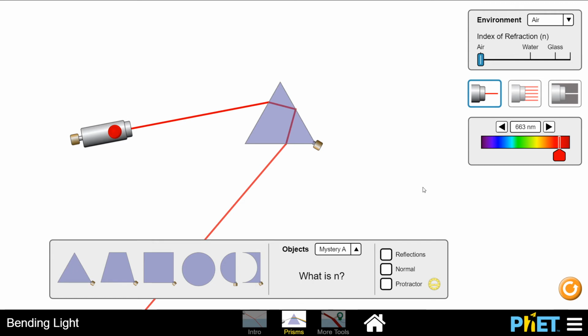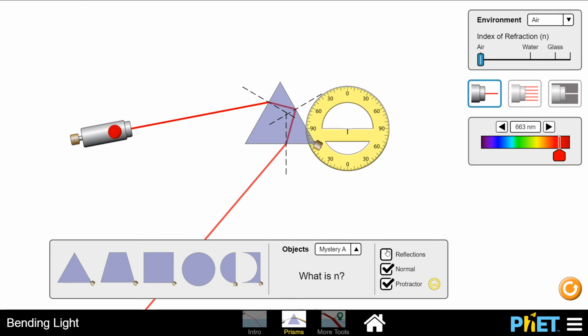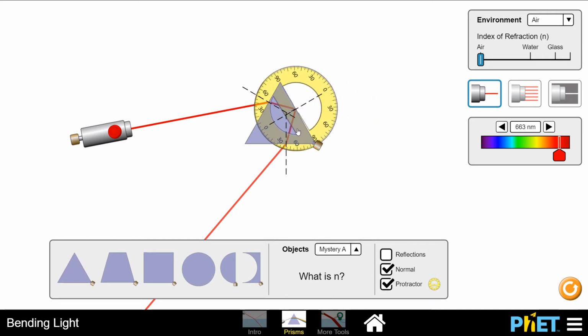To find the answer, a student will have to draw the normal, use the protractor, measure the angles, perform some calculations using Snell's law, and arrive at the answer. This converts a boring problem into an engaging and interactive activity.